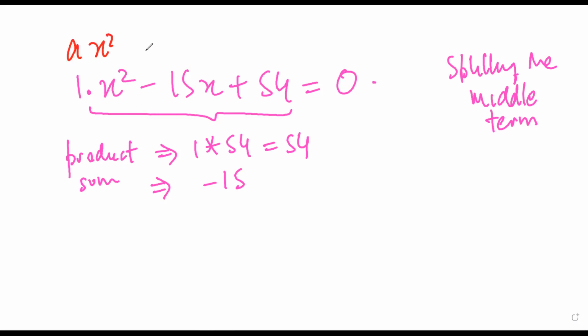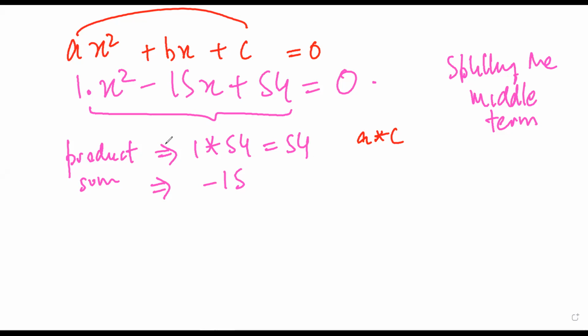Because if we compare this with ax square plus bx plus c is equal to 0, the product would be a into c. So the product would be 54 and the sum of the two numbers would be minus 15.